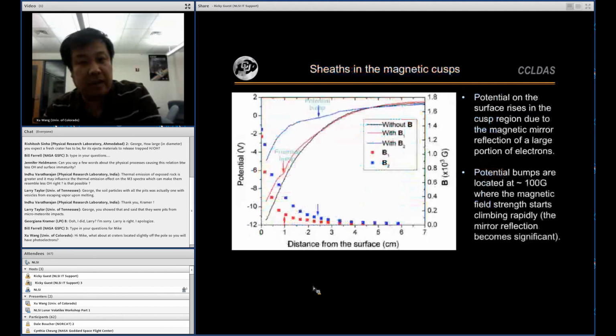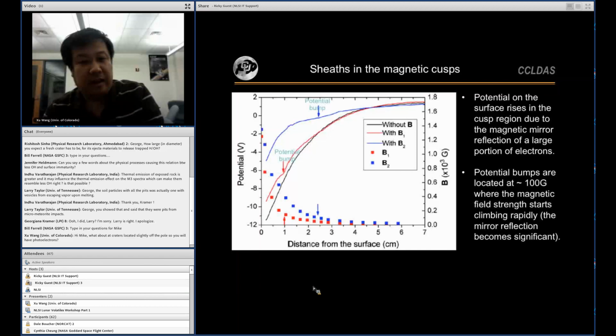So we studied these potential profiles in the central magnetic cusp in detail. We had 2 permanent magnets to create two dipole fields, the red and blue, so we can make sure it follows something. The red one has a B field at the surface about the same as the blue one, but it drops more quickly than the blue one.